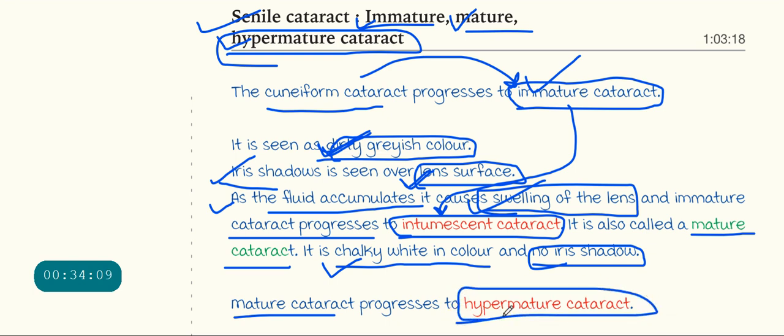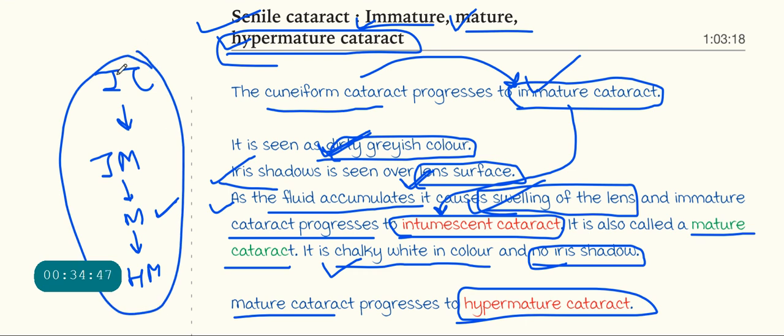First there was an immature cataract, which by the accumulation of fluid and swelling of the lens progressed to intumescent cataract, which further progressed to mature cataract, which is chalky white with no shadow of the iris. This mature cataract then further progresses to hypermature cataract. So these are basically the steps of senile cataract.